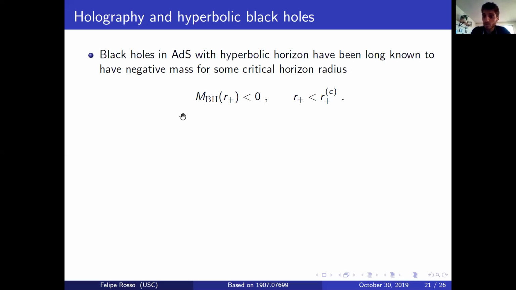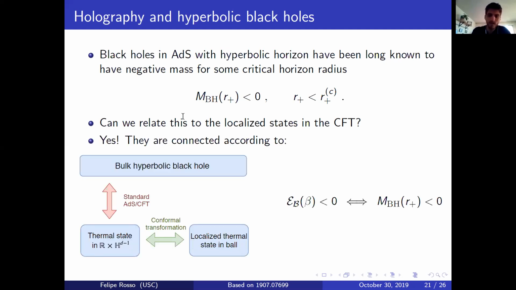What I want to argue, what I will show you in a couple of minutes, is that this negative mass of the hyperbolic black hole is actually completely related to the negative energy of the localized thermal states that we have just discussed. So the question is, can we relate this to the localized states in the CFT? And the answer is yes.